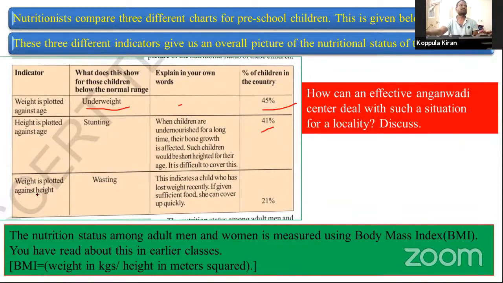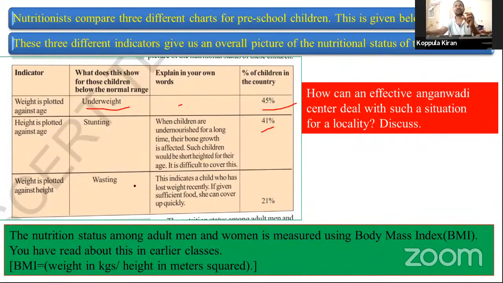Another thing is weight plotted against height. Wasting. Wasting means, see this, this indicates a child who has lost weight recently. If given sufficient food, she or he can recover quickly. What is wasting? Wasting means thin.